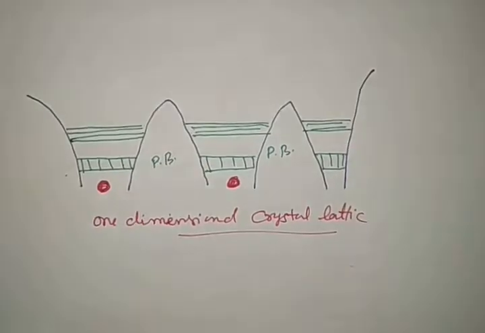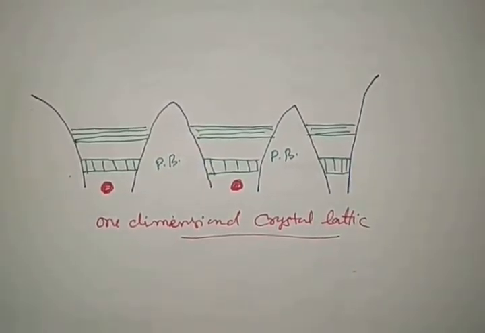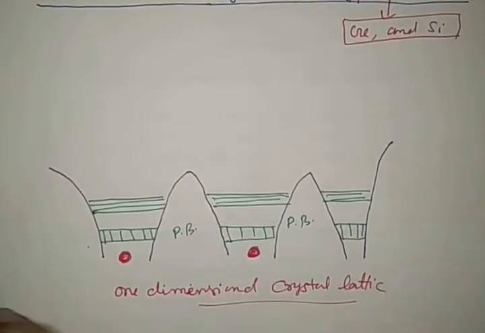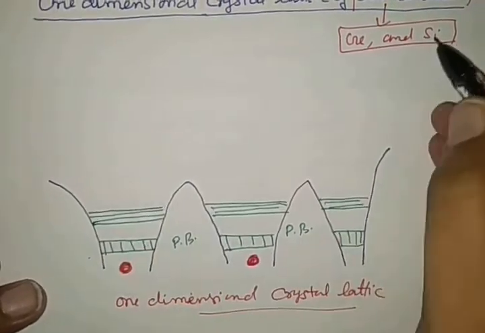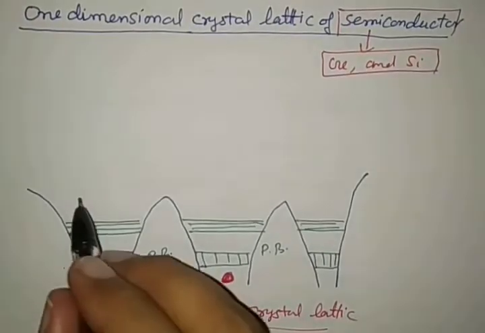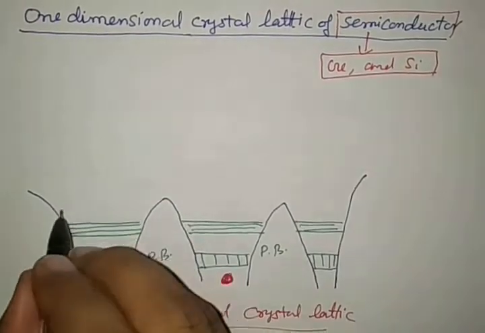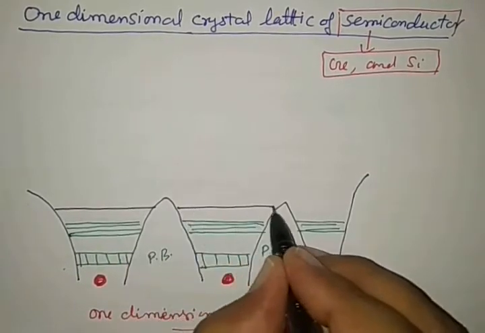Here, right? When we move to the outermost orbit, see in the case of semiconductors, germanium and silicon, what happens in the outermost energy shell? How is it formed?